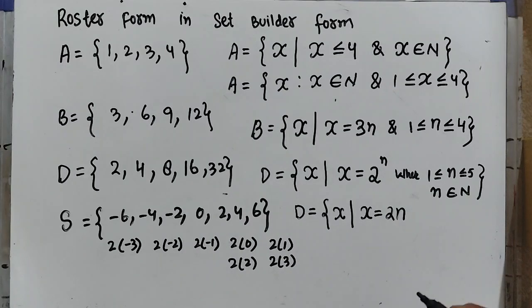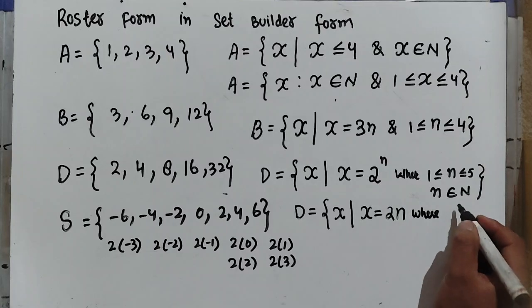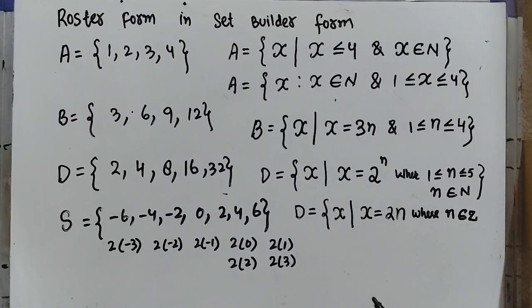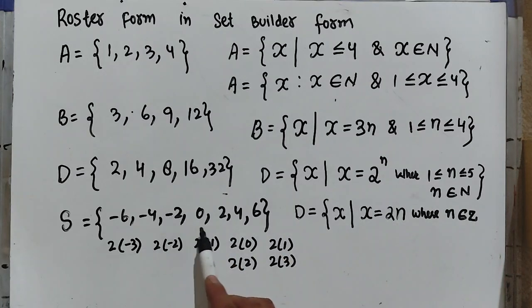That means we can write it like this, where n belongs to the integers, because in integers we take positive numbers and negative numbers also. So here n belongs to Z, not N. Then we would have only the positive numbers, but we have negative numbers here.